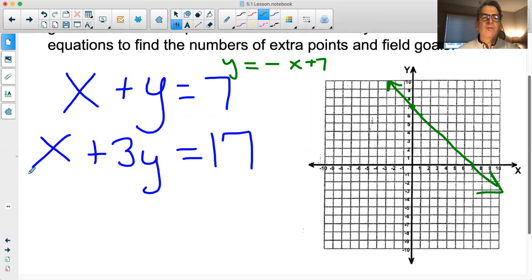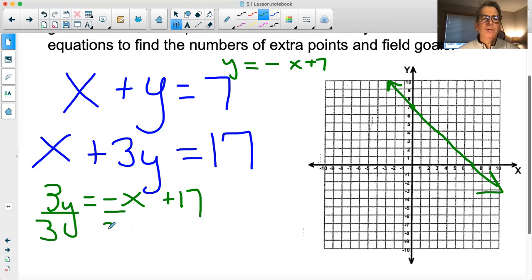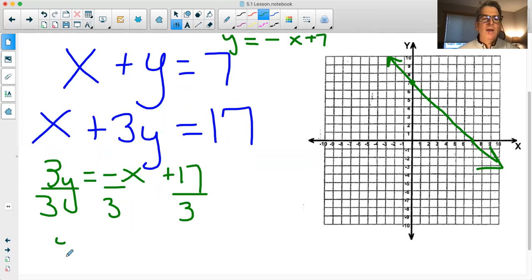Second equation. So if I subtract x from both sides, I'd have 3y equals the negative of x plus 17. If I divide by 3, I would have y equals negative 1/3 x plus 17 over 3.